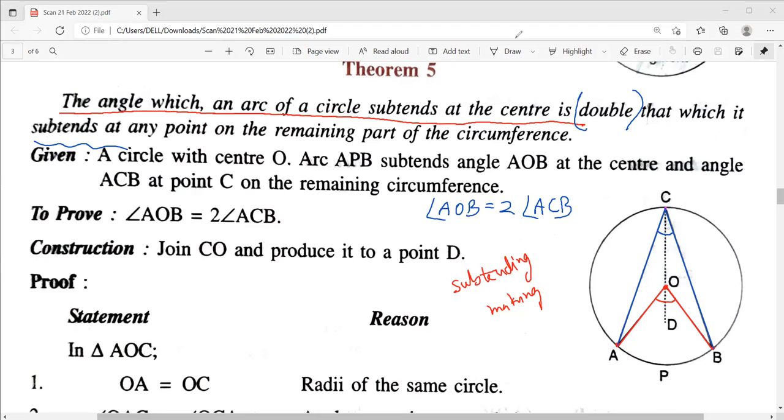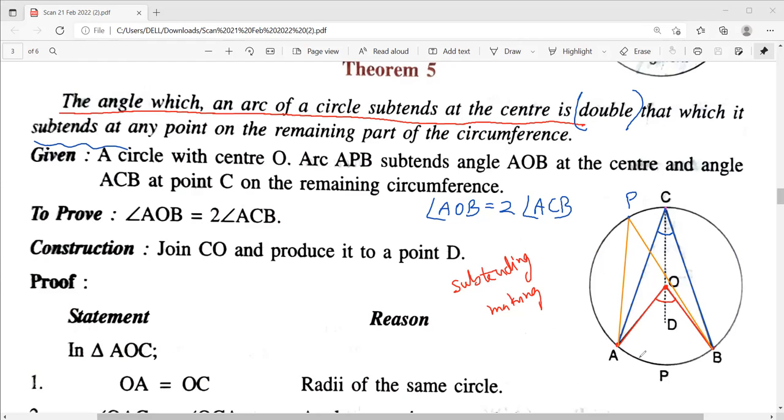Remember, not only that, let's take a few more. Suppose there are infinite points, so arc AB can subtend infinite angles. I take another point, and this time I am taking a point P. So see, AP and BP.